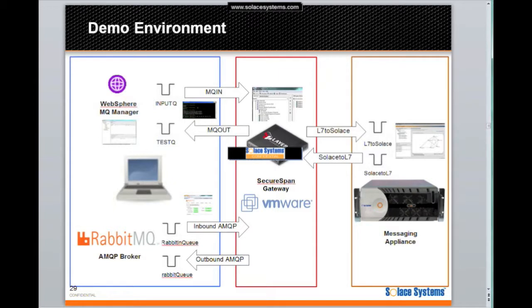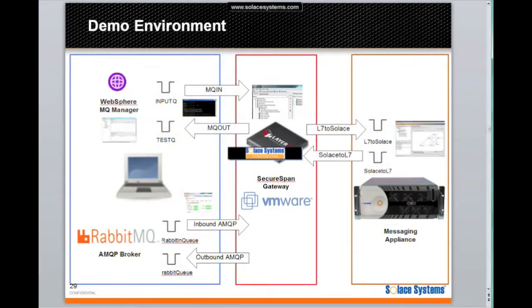In this particular environment, I have everything in this blue box running on my laptop, the middle running in a VMware instance, and as I mentioned, the MQ series, the Solace hardware appliance running in the cloud on the internet.